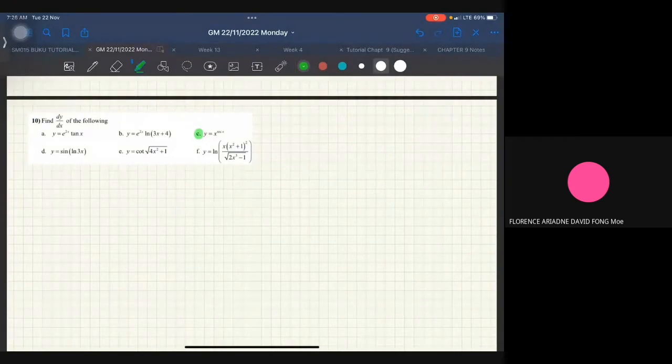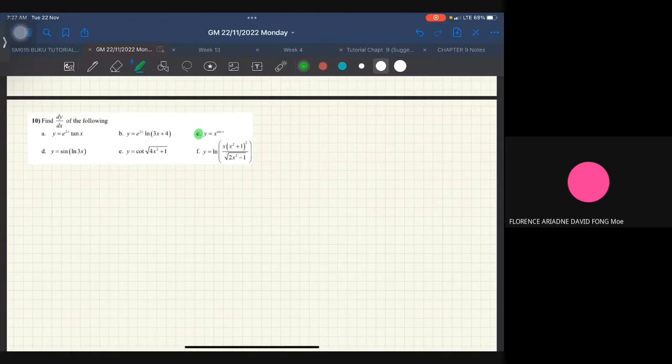Okay, so kalau ikutkan dalam syllabus, awak memang tak belajar how to differentiate x and then you have also the power x juga. So kita hanya belajar x power a constant ataupun kita belajar a constant power of x. So kita tak belajar x power of x.